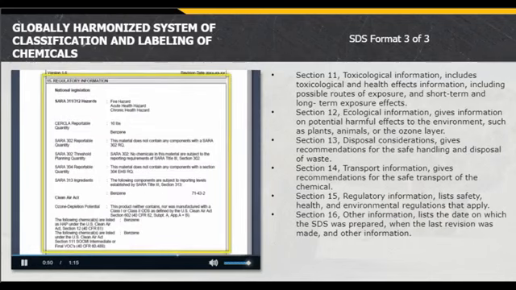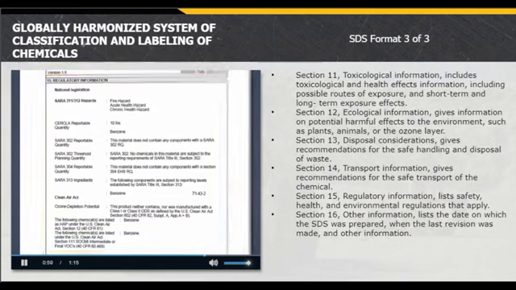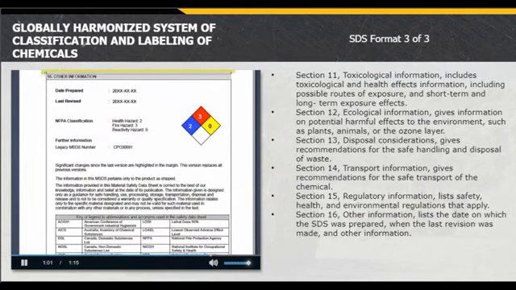Section 15. Regulatory information. Lists safety, health, and environmental regulations that apply. And finally, Section 16. Other information. Lists the date on which the SDS was prepared, when the last revision was made, and other information.